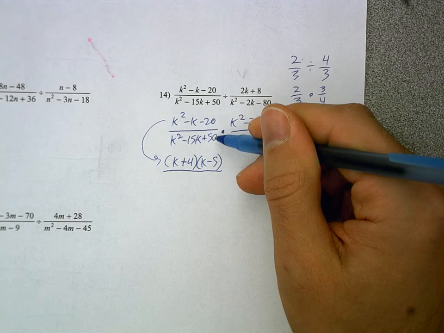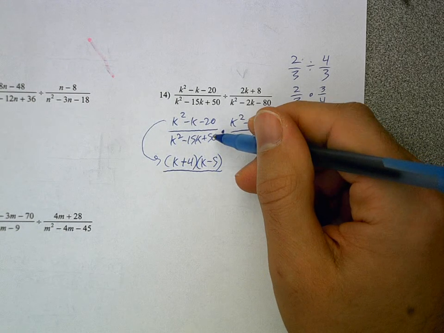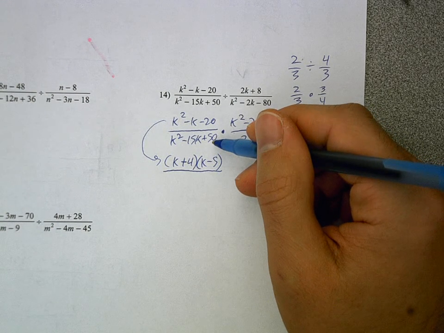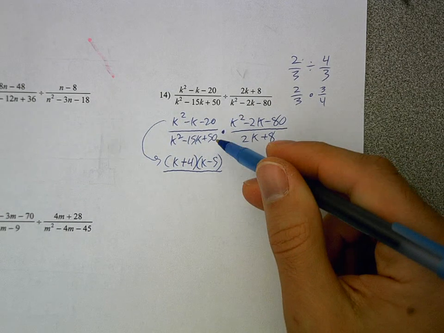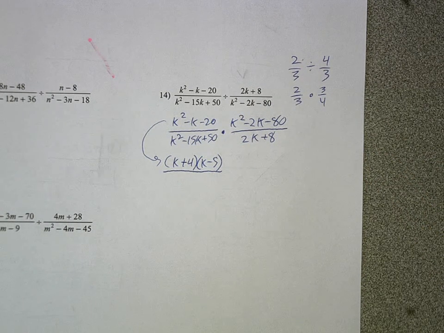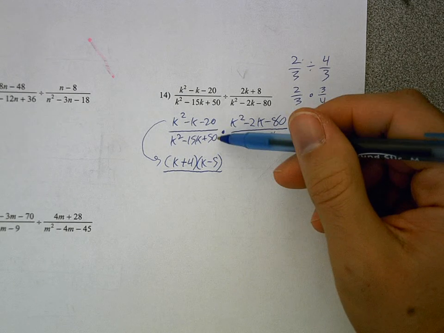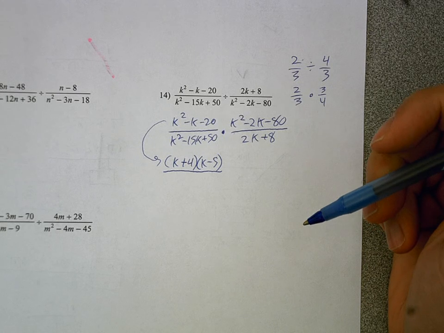Now let's do the bottom. I need to take 50 and make it so it combines to 15. What multiplies to 50 and adds up to negative 15? Not here today. Isaiah, any ideas what numbers multiply to 50 but add up to 15 or negative 15?